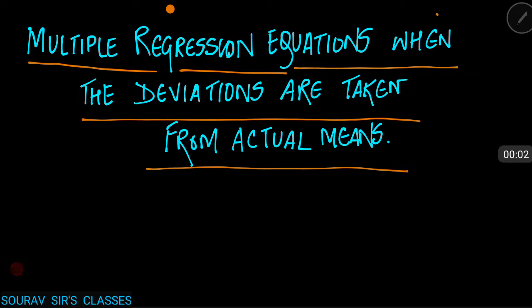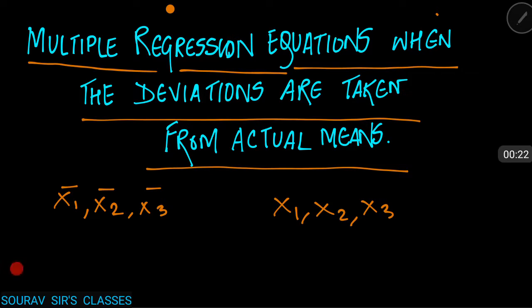Today's topic is multiple regression equations when the deviations are taken from actual means. Let X1 bar, X2 bar and X3 bar be the actual means of the three variables X1, X2 and X3 respectively.